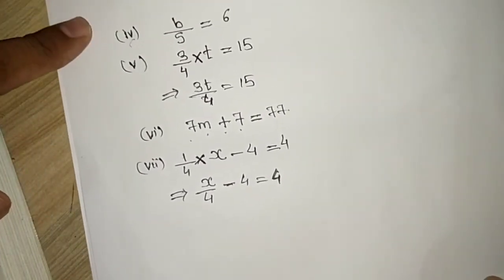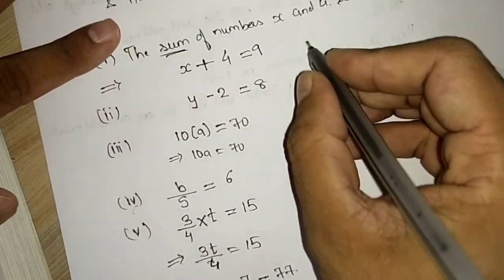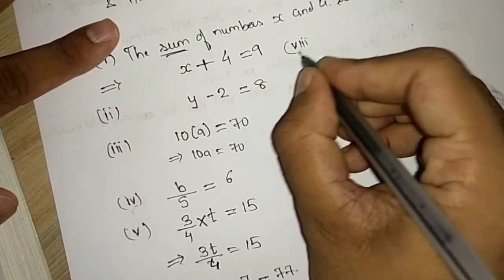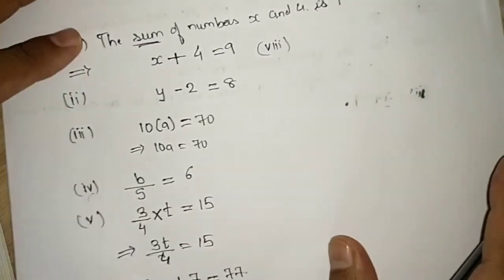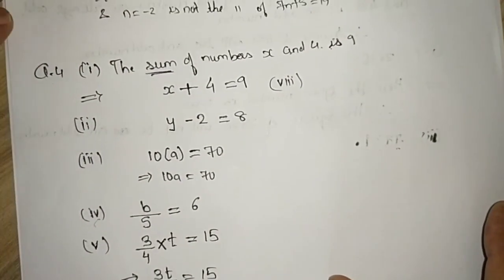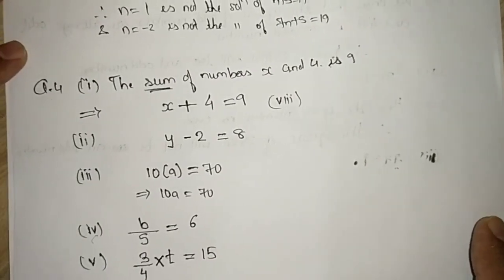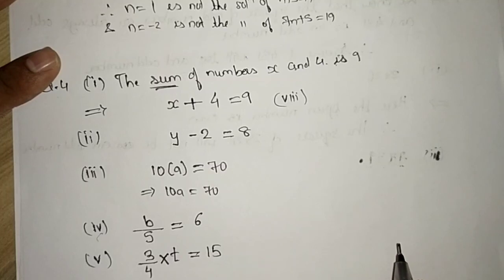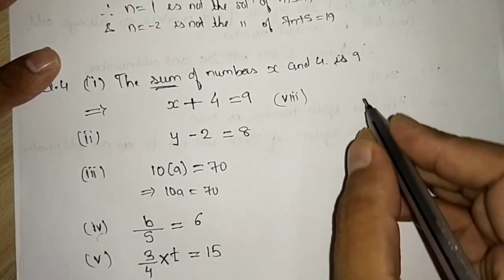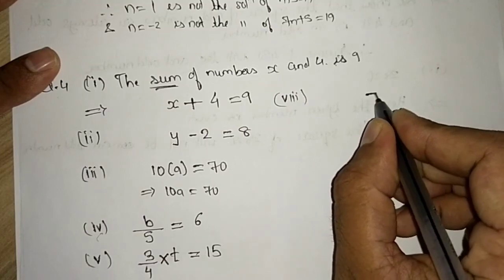Now moving to eighth number. Eighth number says, students, please, while listening to this question, please take your textbook with you so that you can understand properly. They tell, if you take away 6 means minus 6.